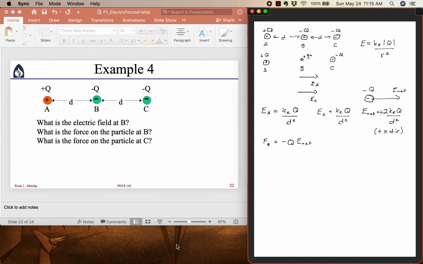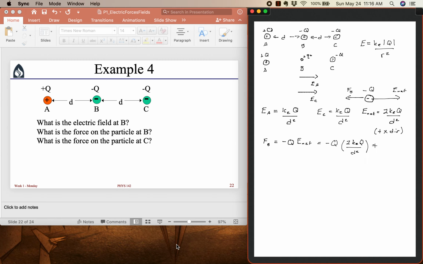So this was my net electric field, and it was in the positive X direction. The fact that I have a negative particle there means that the force actually points in the opposite direction. So this would be the force acting on particle B. I can tell it's opposite because the charge that I'm putting there is negative. So overall, I'd have to take minus Q and multiply by the magnitude of the net electric field, 2 KEQ over D squared.